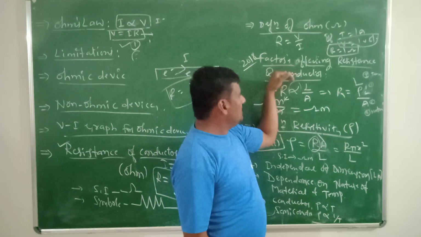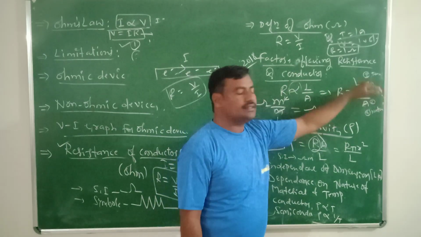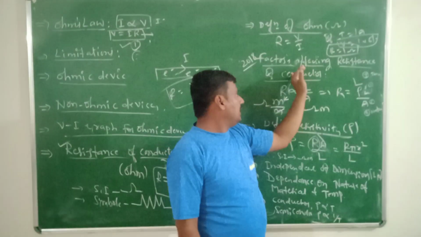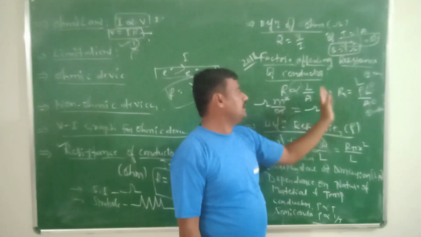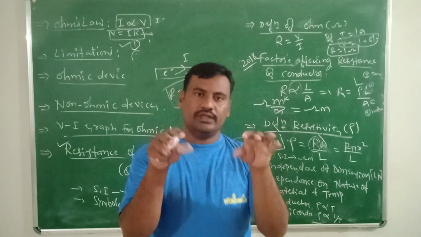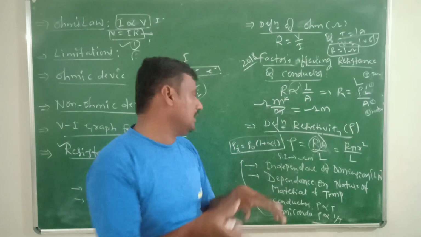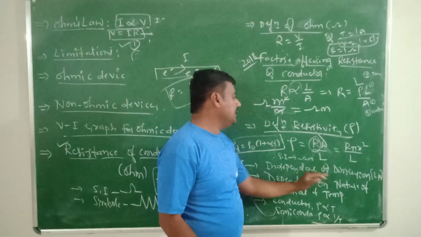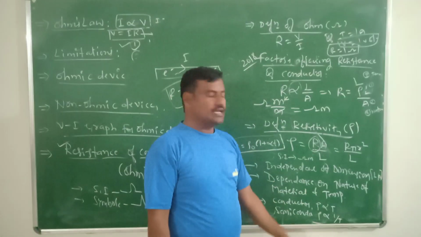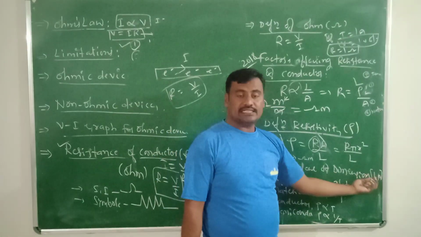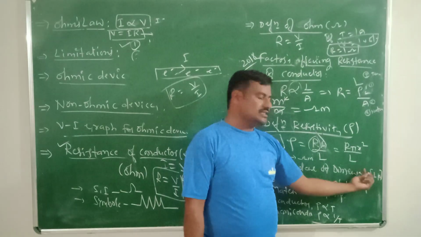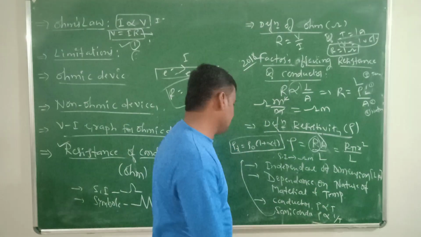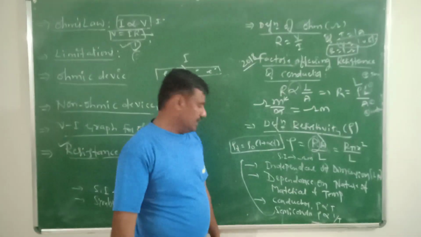Now see, resistance depends on the length and area. Factors affecting the resistance: the resistance of a conductor depends upon the length of the conductor and area of the conductor. But resistivity is independent of its dimension, which means it is independent of length and area of cross section of the material or metal.